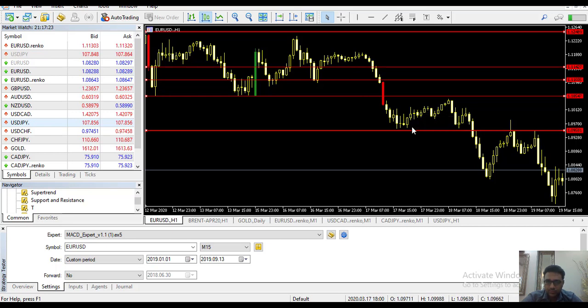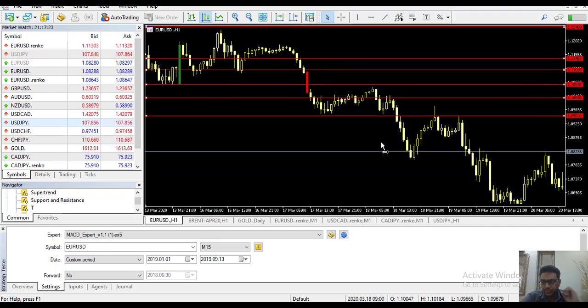So let me put this one. So this was the area. It came back down from here. An M top was there. This area came back down. Then it went down. It did break some part, but the closings were all down. Then it broke over here. It retested over here. Then it went back to the range area, right? So you can do this as well.